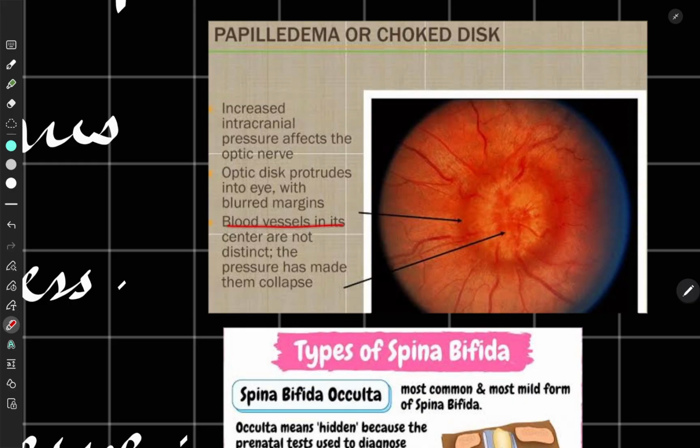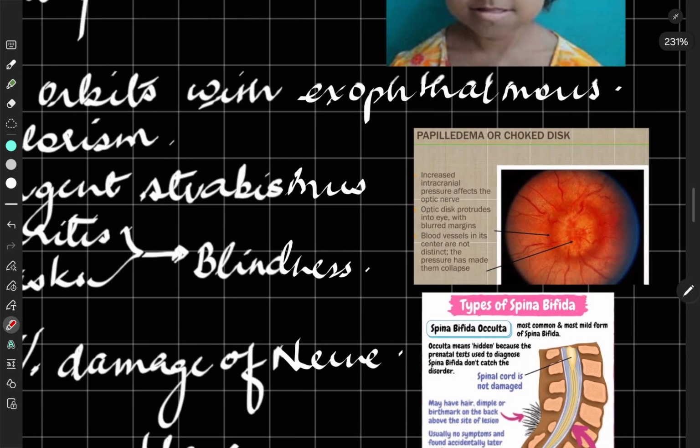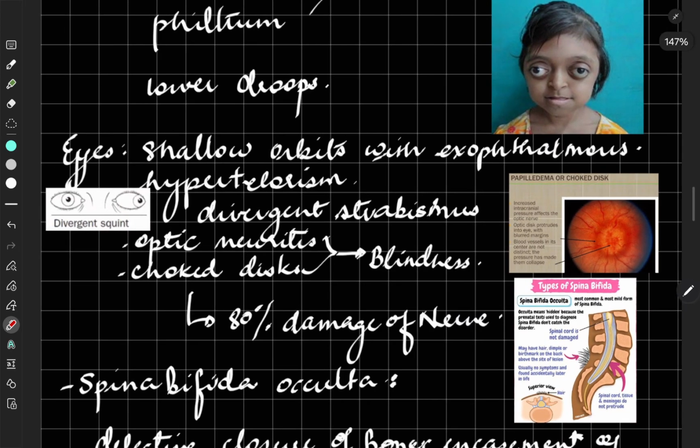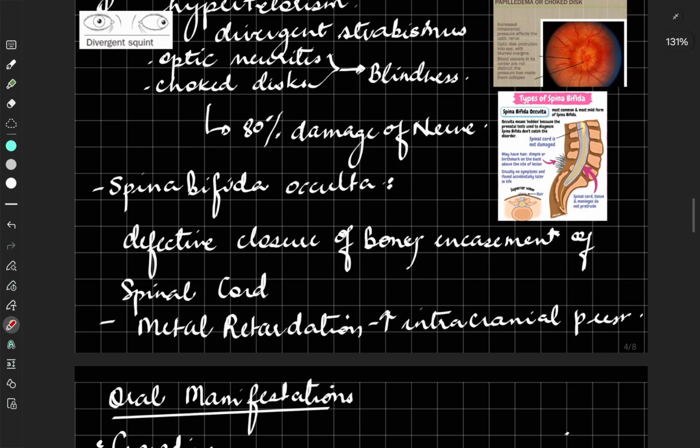Blood vessels in its center are not distinct. Can you see there? The pressure has made them collapse. There is 80% damage of the nerve. If there is a lot of damage, it can lead to blindness in these individuals.